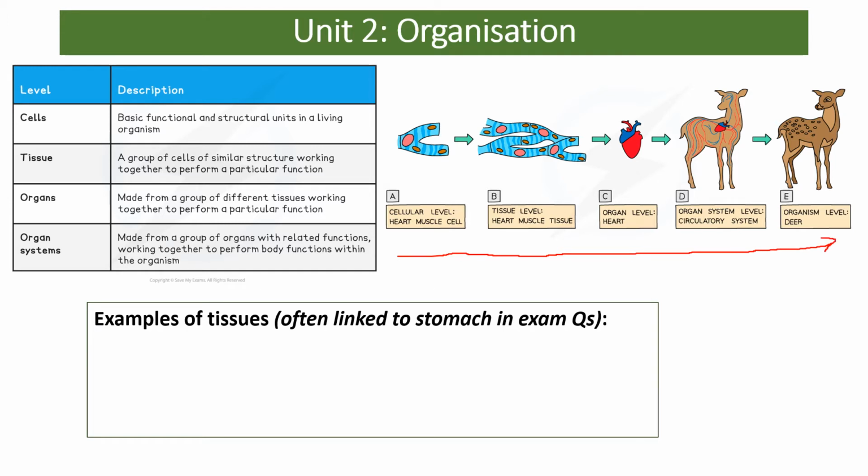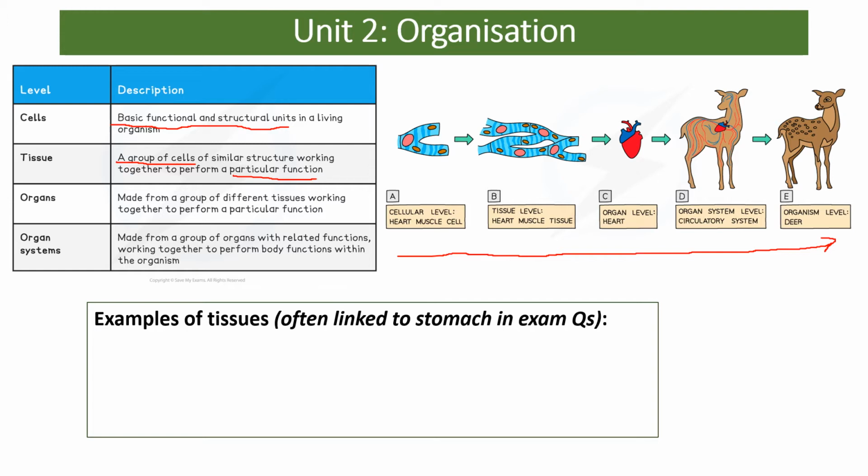Now, in terms of learning the definitions, you do need to know what a cell is. It is the basic functional unit of a living organism. Basic functional unit is fine, the basic living unit is fine, but it's the smallest living thing there is. Then a tissue is a group of cells working together to perform a particular function.